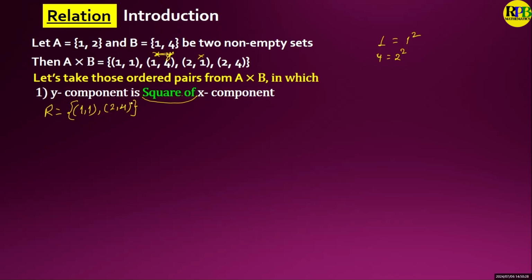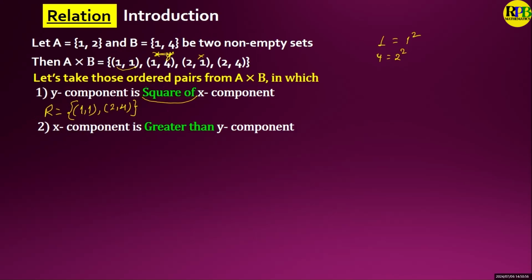Let us take another example. X component is greater than Y component. See, in these ordered pairs, we'll take only those ordered pairs where X component, means first number, is greater than Y component, means second number.